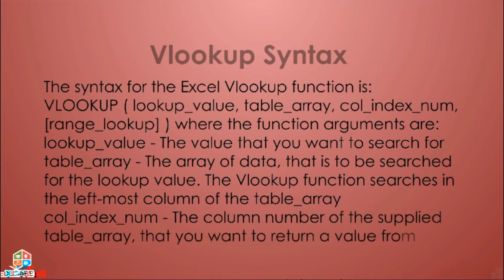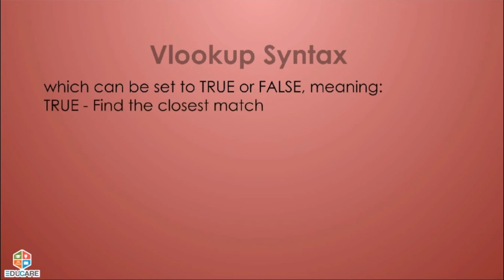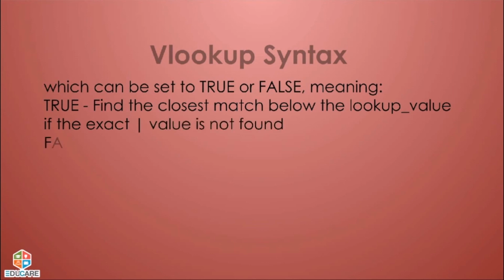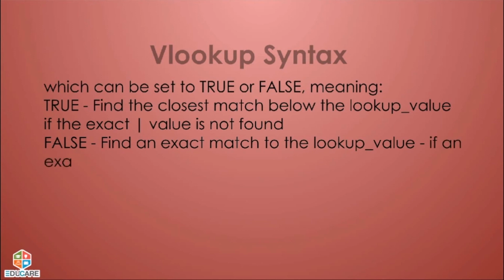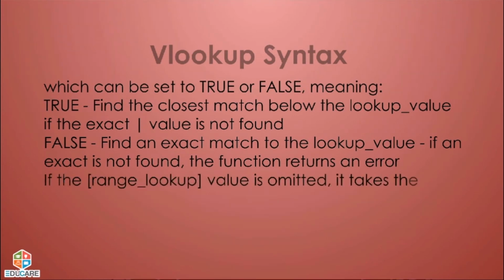Range_lookup: an optional logical argument which can be set to TRUE or FALSE. TRUE means find the closest match below the lookup value if the exact value is not found. FALSE means find an exact match to the lookup value. If an exact match is not found, the function returns an error. If the range_lookup value is omitted, it takes the default value of TRUE.